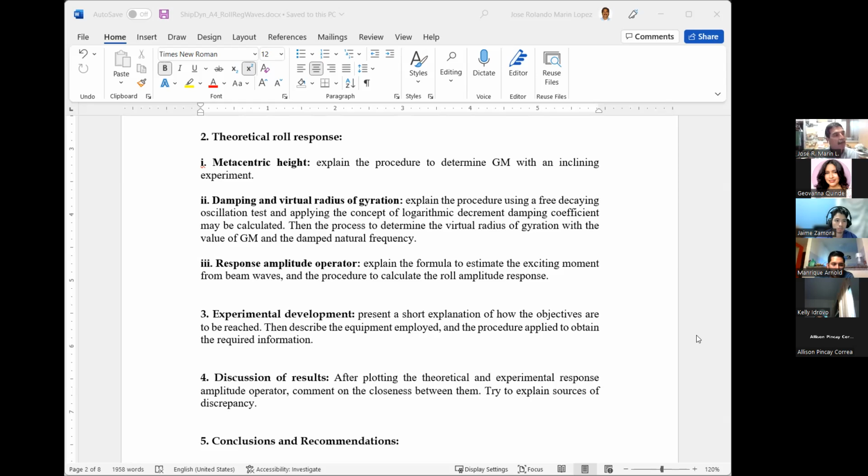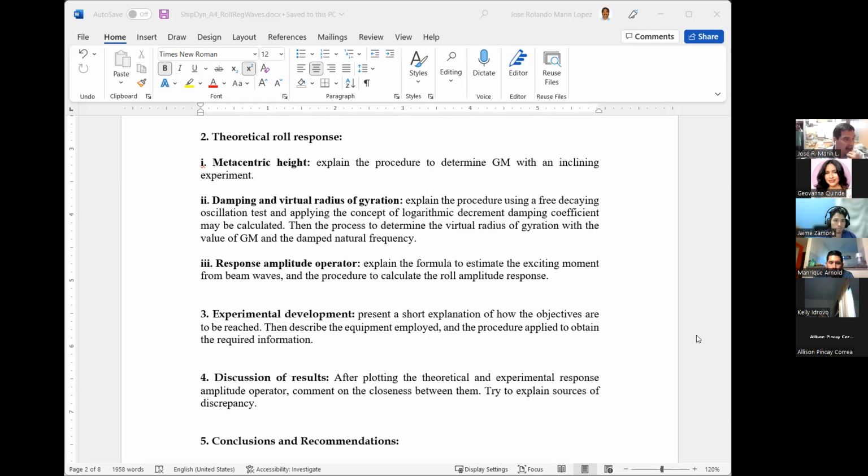So for example, how many motions did you take? Things like that. How did you measure the angle? Okay, the procedure. That's all. So this part here will give you the GM value for the theoretical calculations.